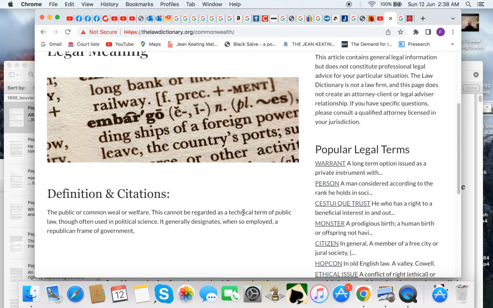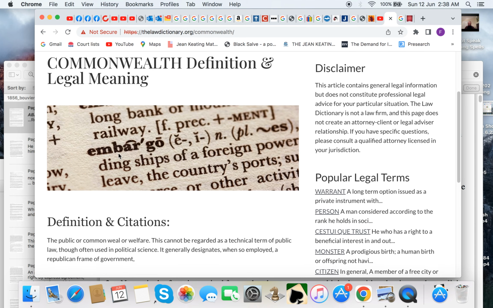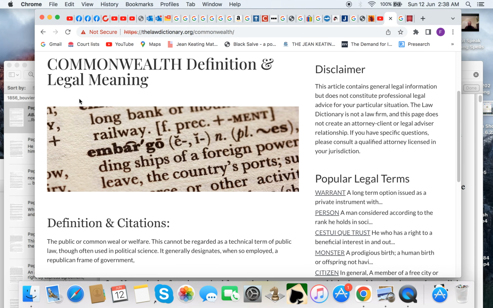This cannot be regarded as a technical term of public law. Though often used in political science, it generally designates, when so employed, a Republican frame of government. So I'll simplify it. Commonwealth definition and legal meaning, when so employed, is a Republican frame of government.